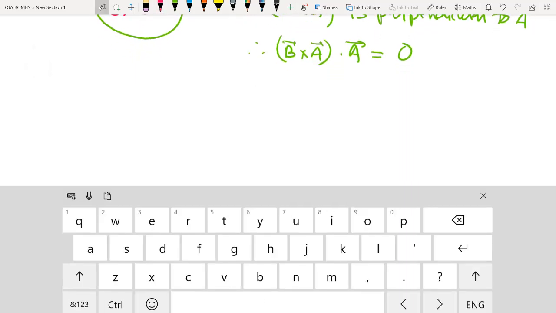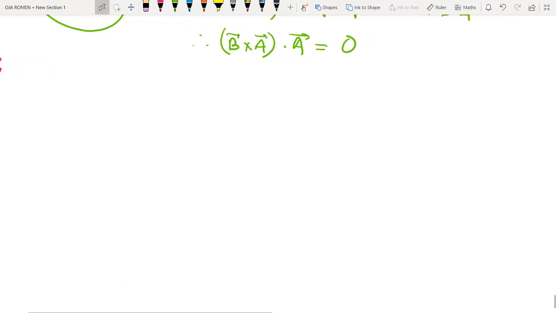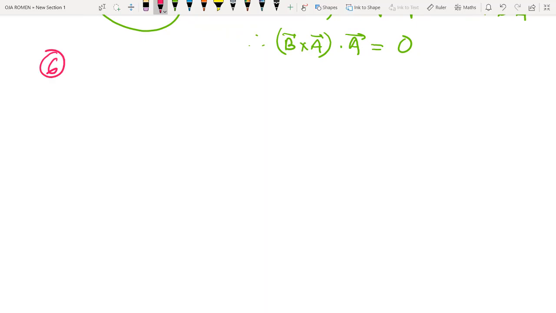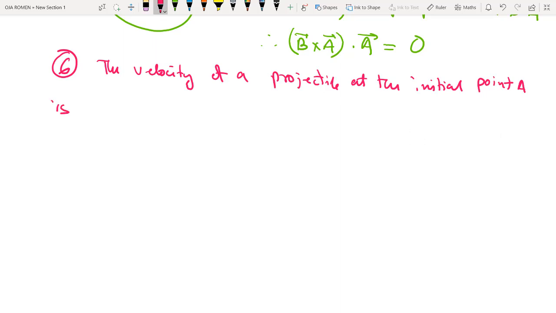Then, now question number 6. The velocity of a projectile at the initial point A is (2i plus 3j) meter per second.